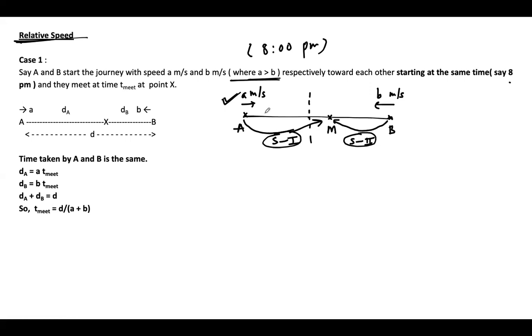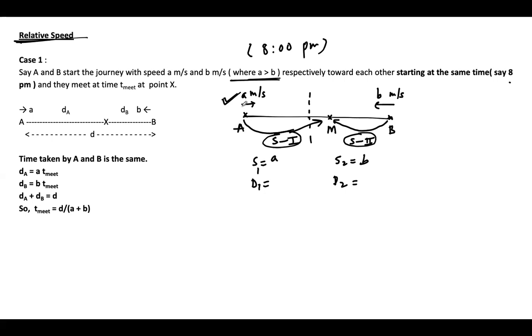In these two scenarios, A has a speed of a meter per second and B has a speed of b meter per second. That means speed is not constant. What can you infer about the distance? As in from A to M and from B to M, is the distance the same? No, it's not. So distance is also not the same. So what is the same?